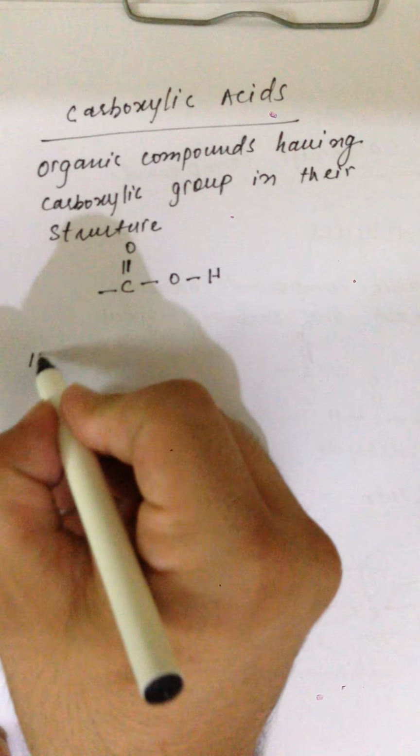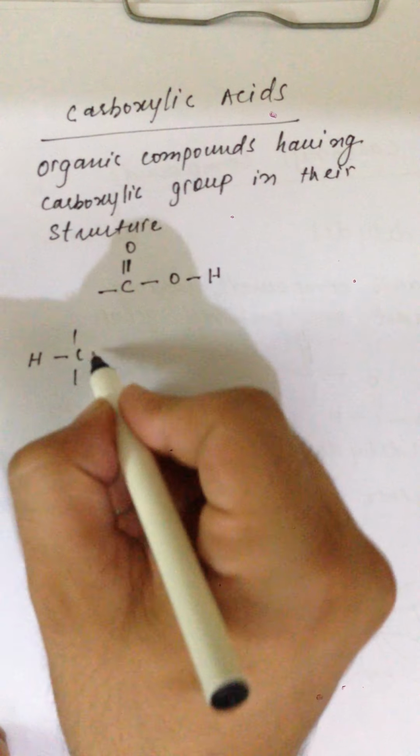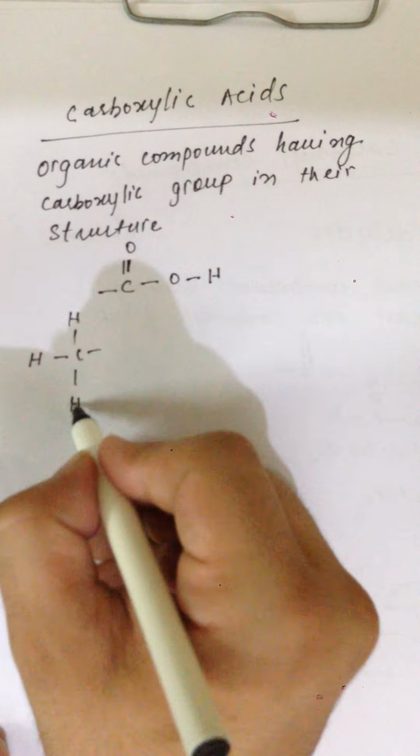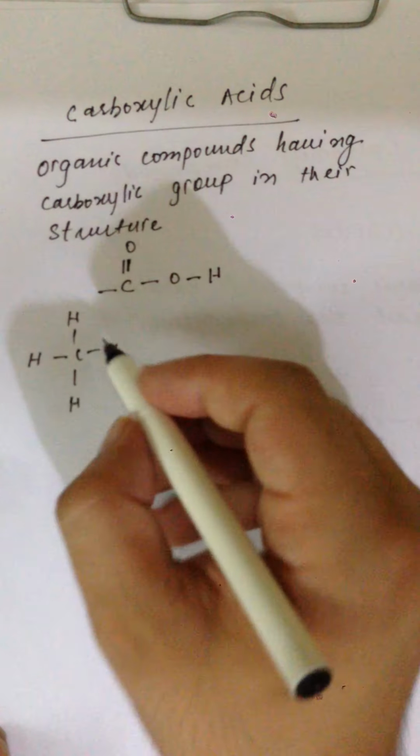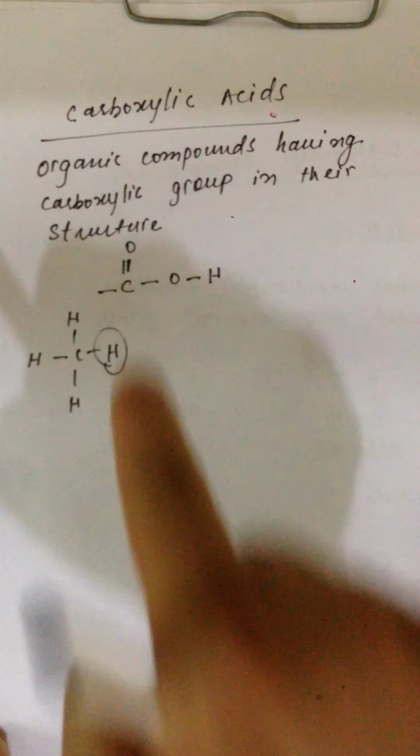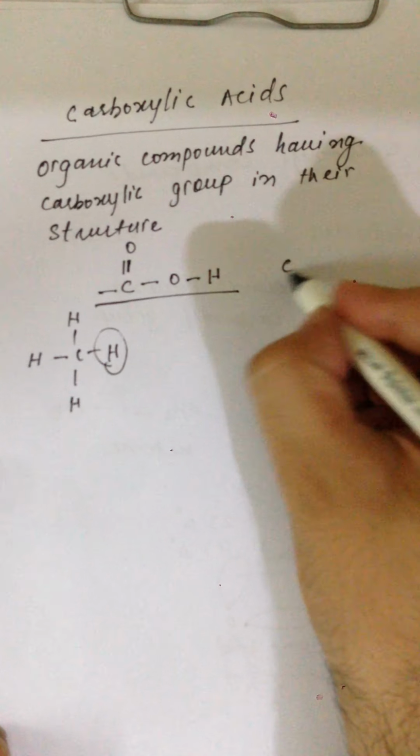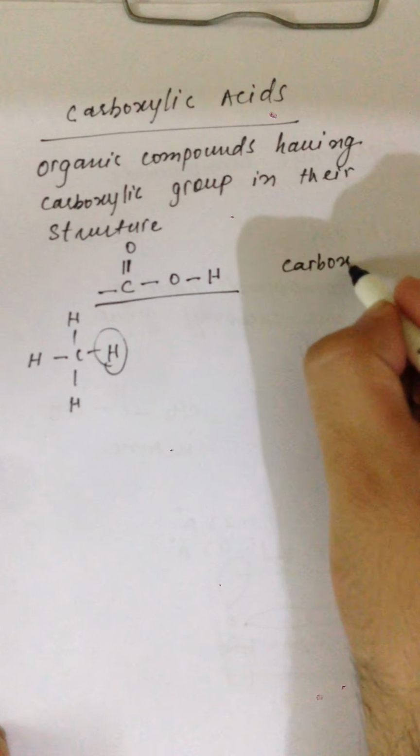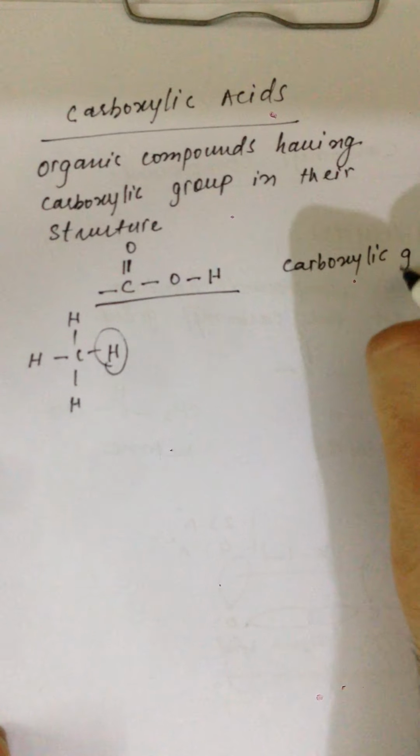For example, if we have methane here, we can replace one of the hydrogen atoms by the carboxylic group.